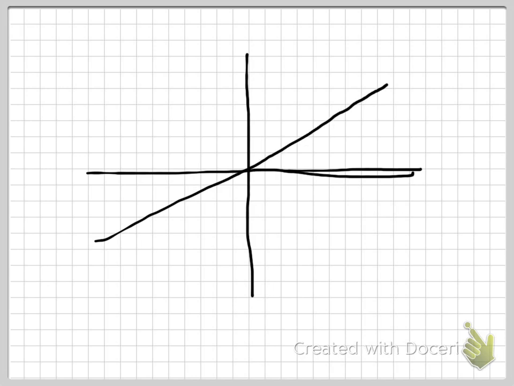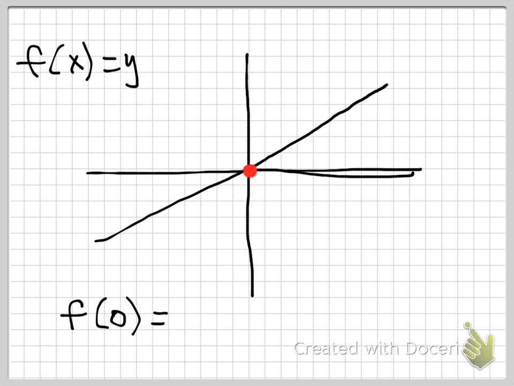And say they want you to find f of 0. Well, that's where x equals 0. Well, x equals 0 right there, because you didn't go right any or left any. Notice, so what we want to do then is remember that the value of a function, f of x, is equal to our y value.